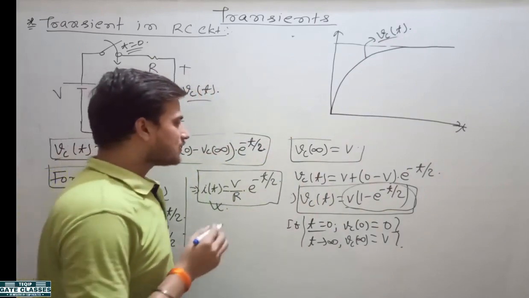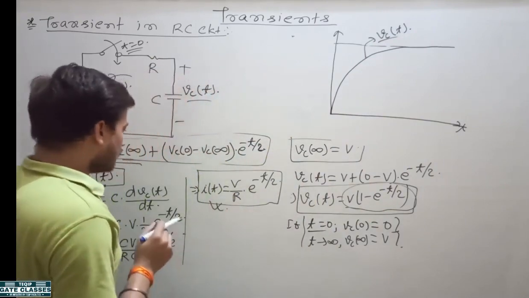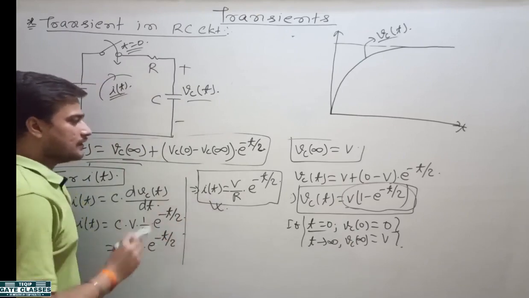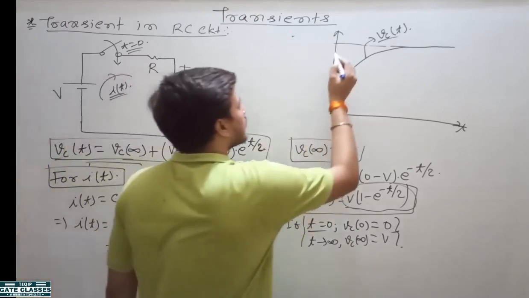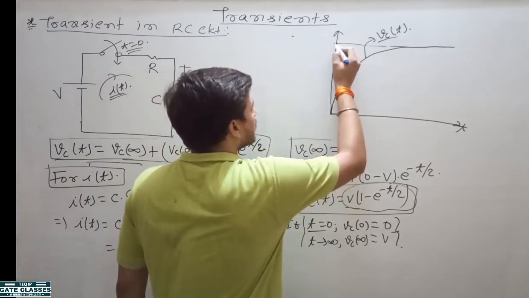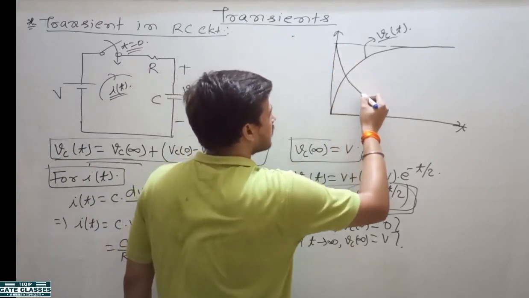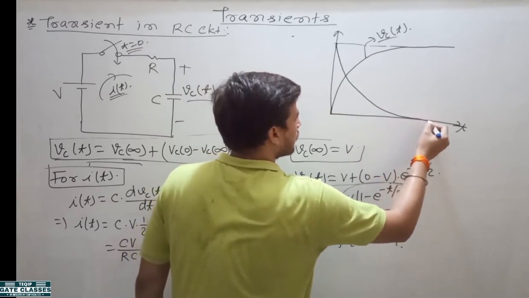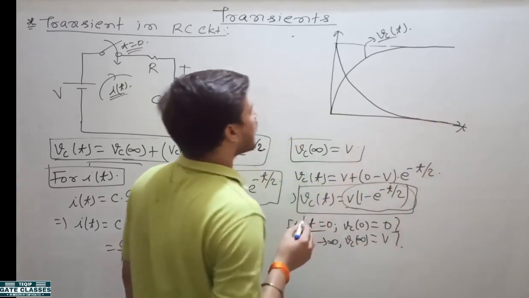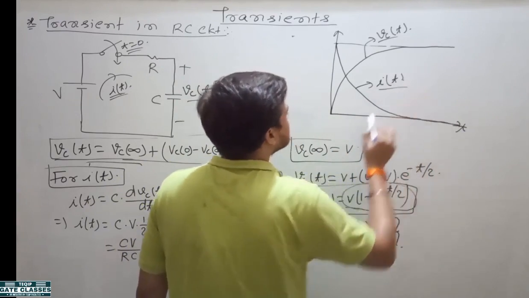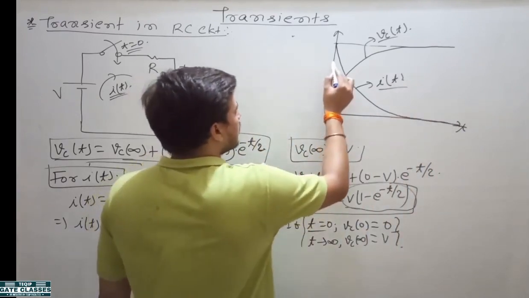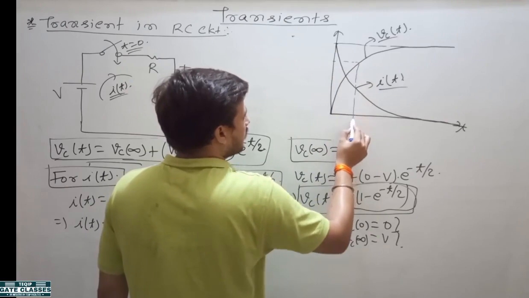Now we have to draw the graph for IT. So at t equal to 0, current is maximum. Current is equal to V by R. So you will see the graph is coming like this one. This is the graph for IT. Again, there will be a time constant tau.